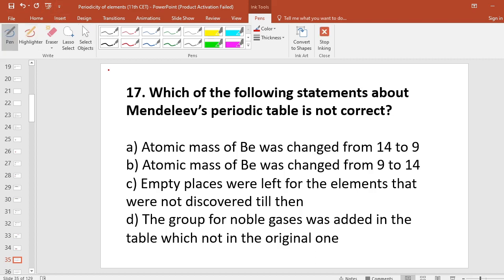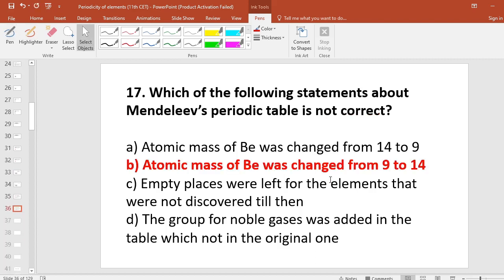The question is, which statement is not correct? Correct answer is option B. The atomic mass was actually changed from 14 to 9 and not from 9 to 14. So option B is the wrong statement.